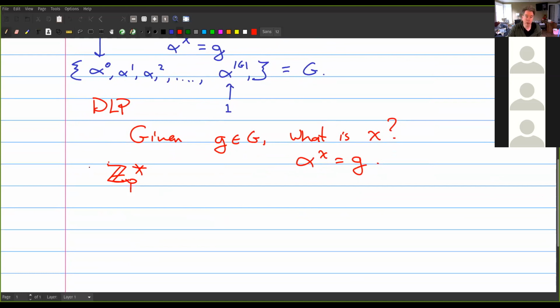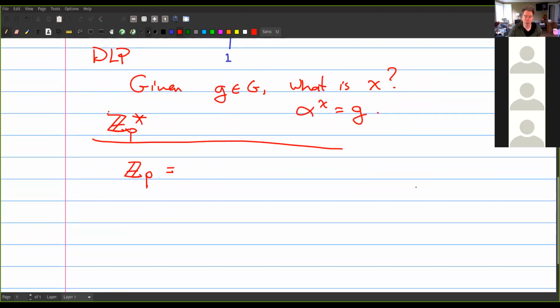And then in other groups, the discrete logarithm problem is not hard at all, like in Z_p with no star. So this is the additive group, and the discrete logarithm problem, if you express it in additive notation, it's just saying that x times alpha is equal to g.